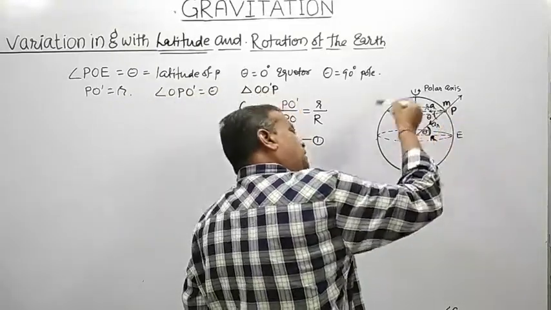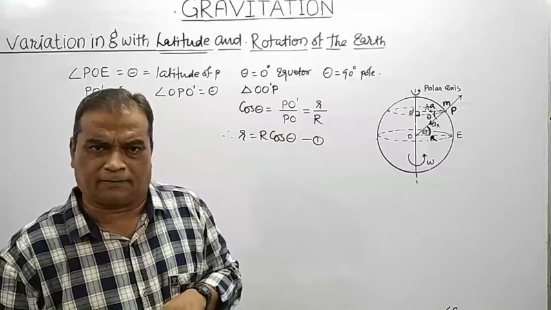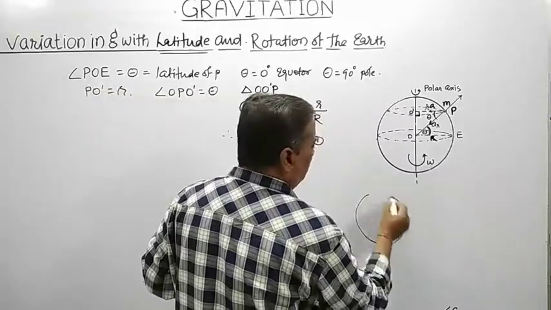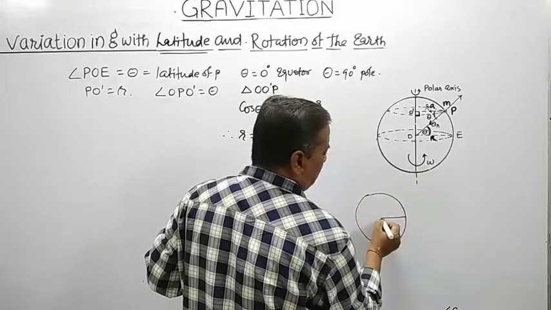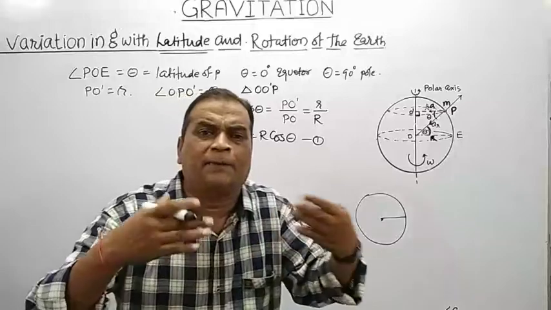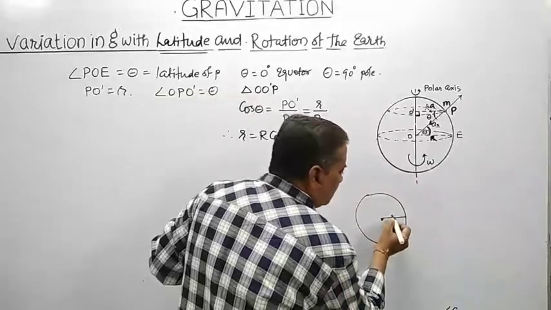The particle at point P is performing circular motion. When an object performs circular motion, that object must be acted upon by what? Centripetal acceleration.